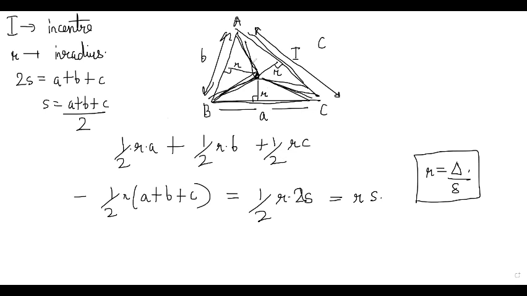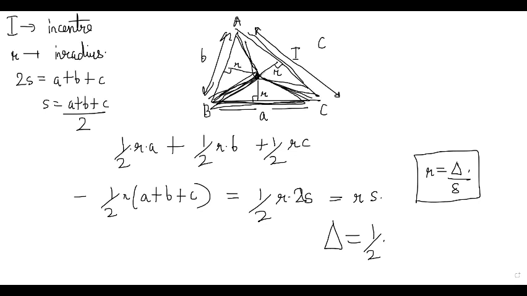right? So you can say that the area of the whole triangle, the big triangle, delta, is equal to half into area of this triangle. Heron's formula wala S, yes. So delta is the area of the big triangle, and that is equal to triangle BIC plus triangle AIB plus triangle AIC.